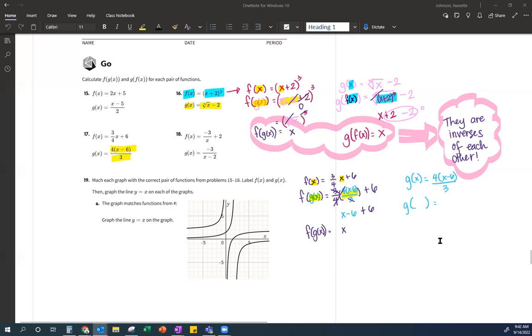Okay, so instead of putting that x there, they really wanted me to put an f of x. So I'm just going to copy this whole thing down, with the exception of that x, and I'm going to put this extra set of parentheses here as my placeholder.